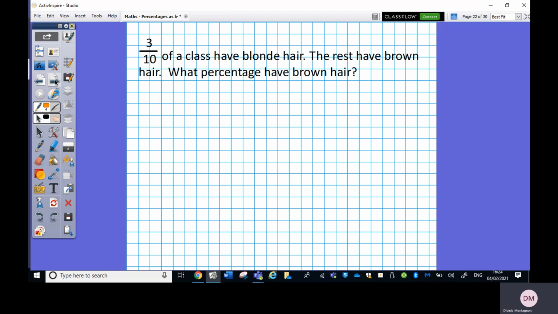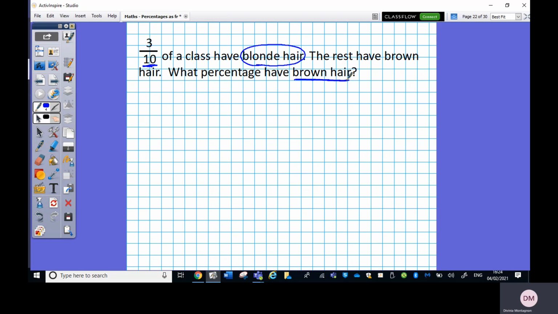Okay. Now let's take a look at this one. 3/10 of a class have blonde hair. The rest have brown hair. What percentage have brown hair? So first of all, I'm going to underline my key information. I know that 3/10 have blonde hair. The question is asking me though, what percentage have brown hair?